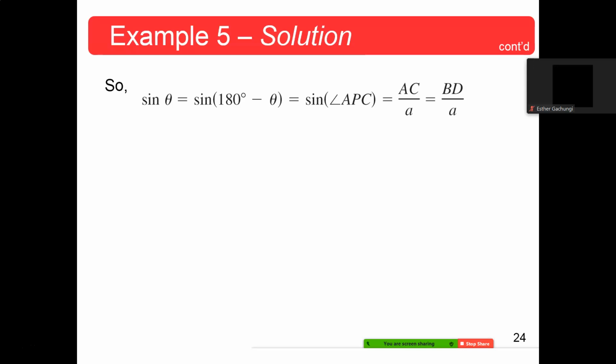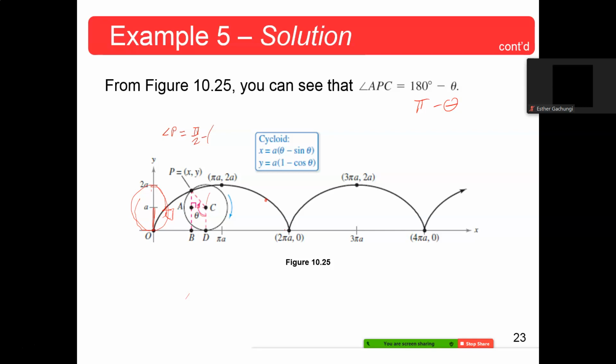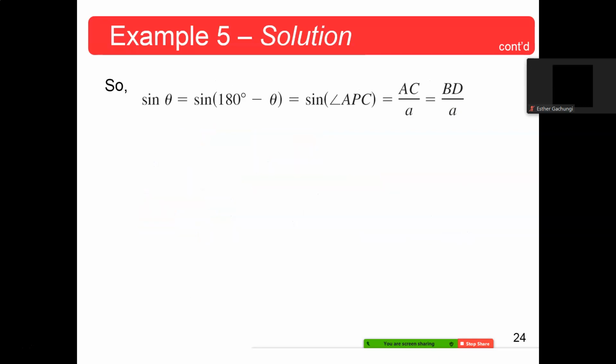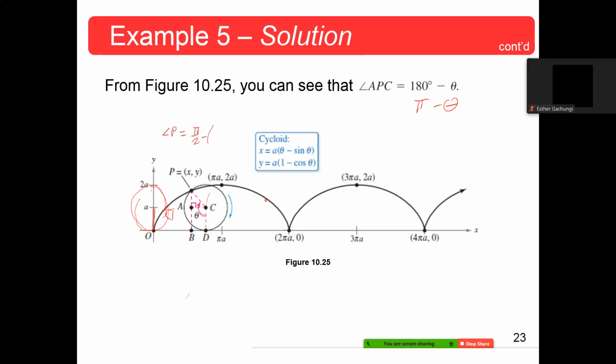So since sine of theta is equal to the sine of 180 degrees minus theta, basically what we're saying here is the sine of that angle APC that we had, and that is AC over A, and it's also BD over A. A is your hypotenuse here, always.